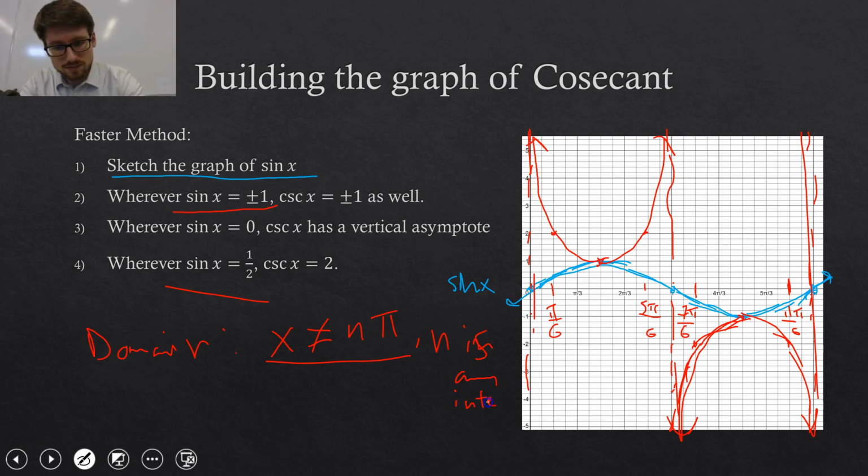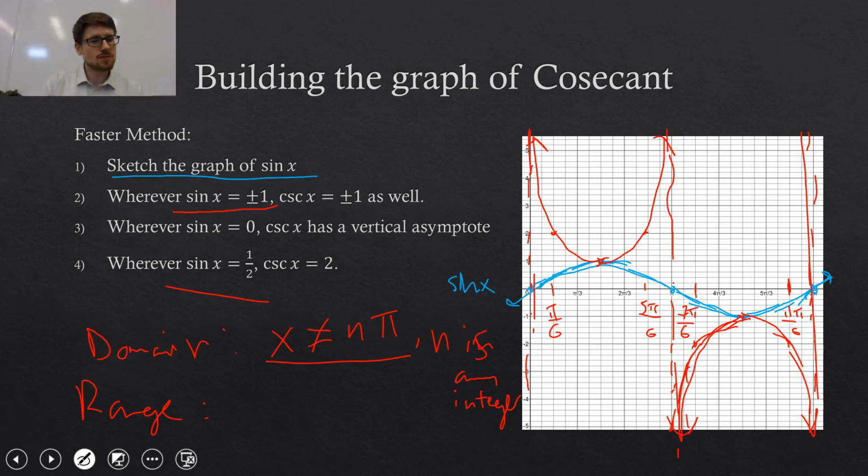N is any integer. And our range, ooh, here's a tricky one. If we were to look at the range of these graphs, we're scanning it from bottom up. So we can see we have graph down at -infinity, and we come up, and we have graph all the way up to -1. There is a gap. We draw horizontal lines. We don't actually hit cosecant's graph between -1 and 1.